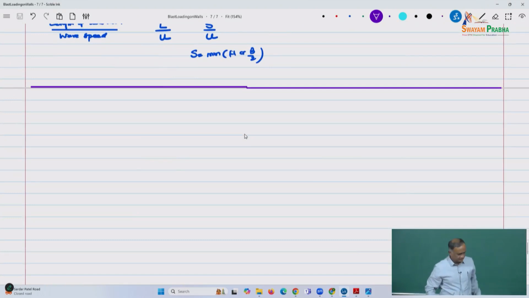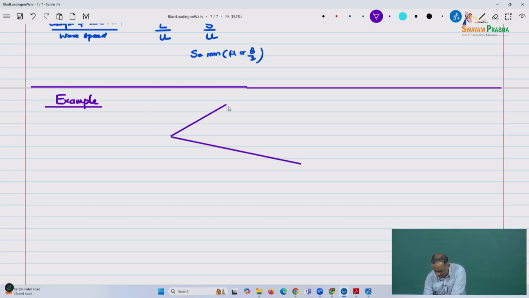So let's take up an example and we'll draw some correspondence in both. So let's say you have a building. As I mentioned, this would be part of what you'd be doing this afternoon as well.